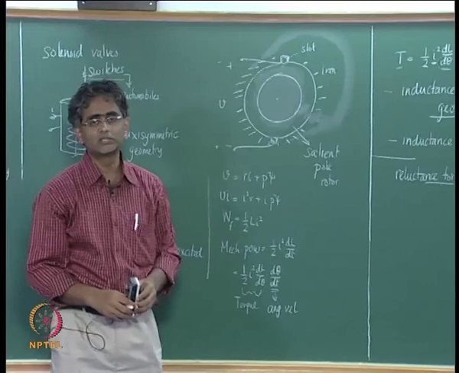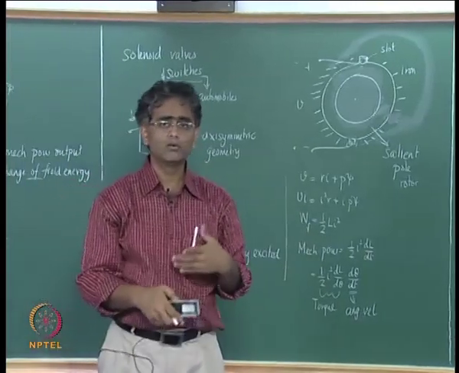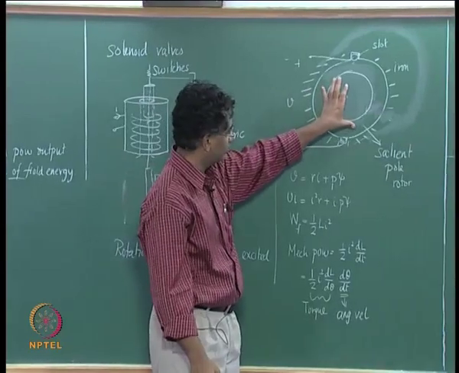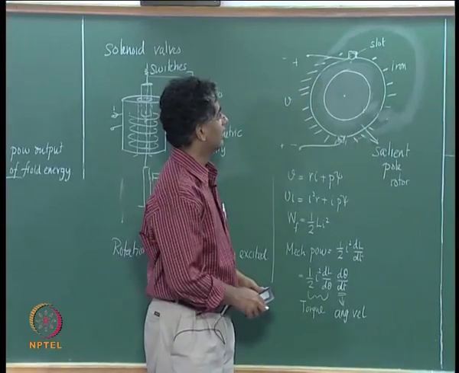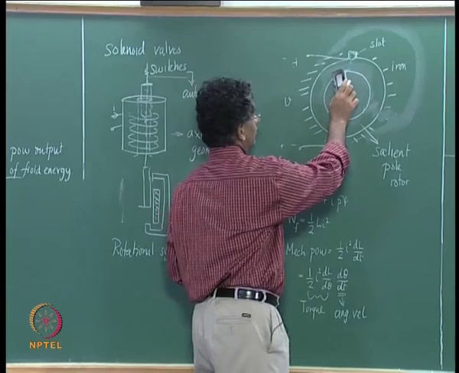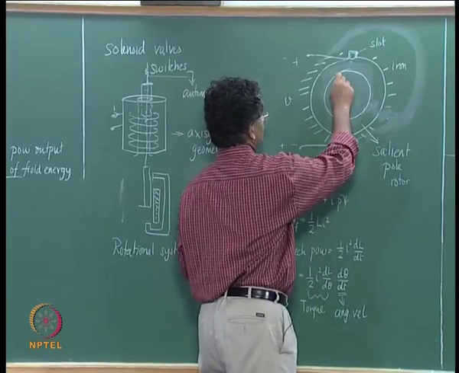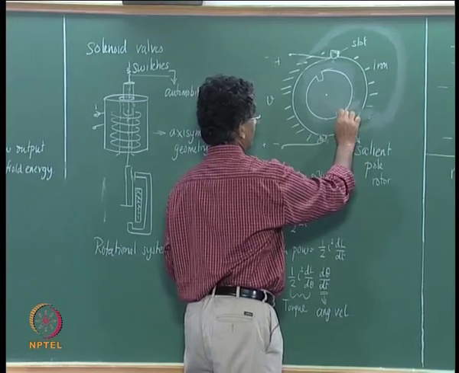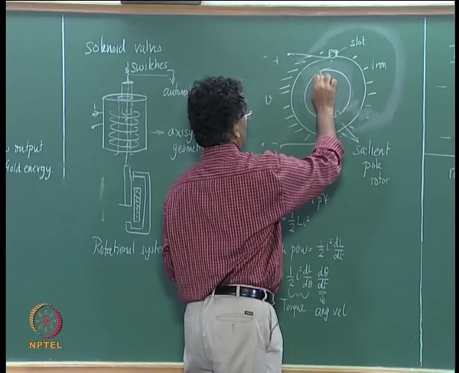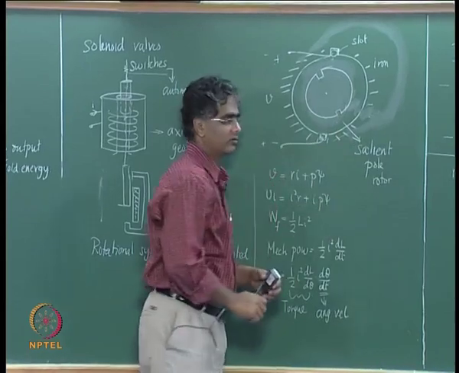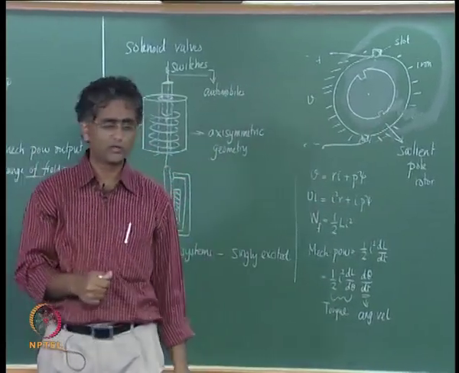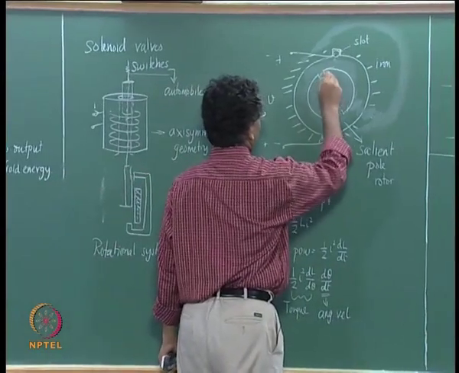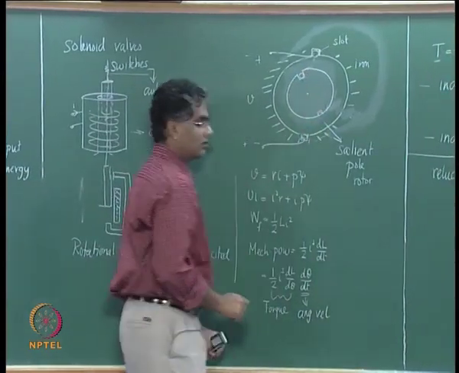If you have a system like this and you intend to have it rotating, then you need to put one more coil at least here. You need to therefore have some slots. It is difficult to have a coil when there is no slot, it has to be housed somewhere. So, there would be a slot and then you have a coil that is running through this.